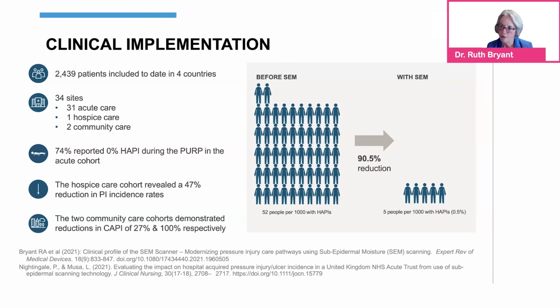And then after they implemented SEM, that number went down to 5 people per 1,000 with hospital-acquired pressure injuries. So a 90.5% reduction in the number of pressure injuries. And what's interesting to point out is this occurred in acute care, in community care, and also in hospice care. So it gives us evidence that pressure injuries don't have to occur even in hospice patients, that we need to change our mindset.